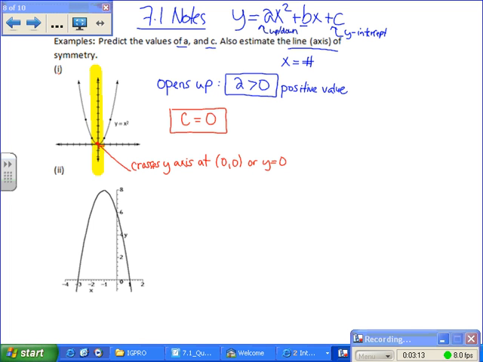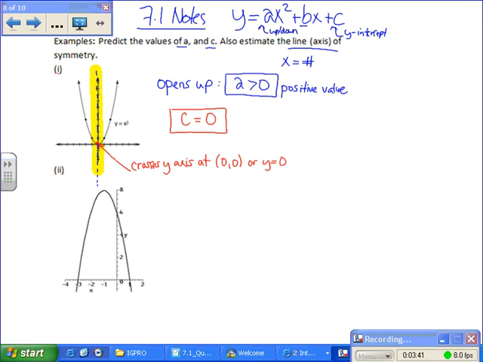And I can estimate the axis of symmetry by looking at this parabola, and there's a couple of different ways I can do it. I can just eyeball it and say, where is the line of symmetry? Where does this parabola, if I were to put a line in there, divide the parabola into two exactly equal parts? In this case, we can see that the line of symmetry is actually right along the y-axis.